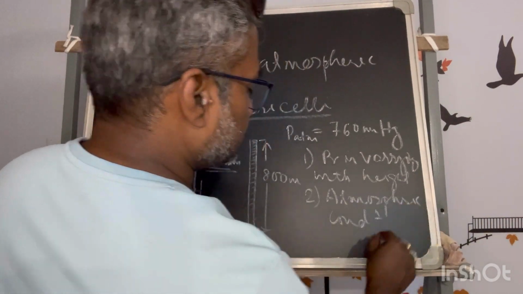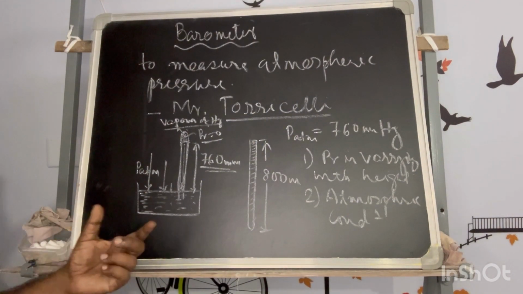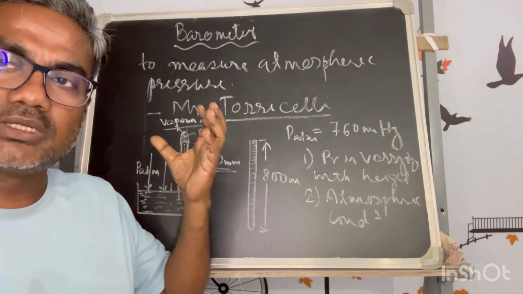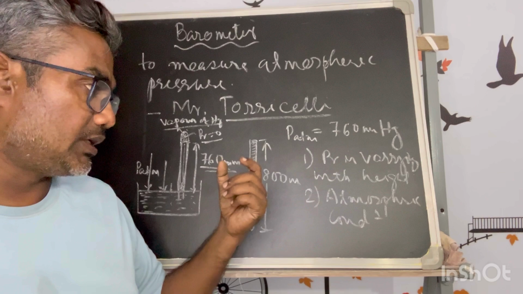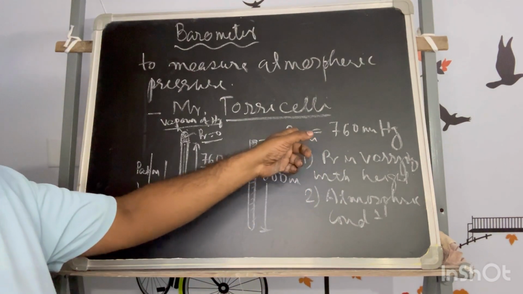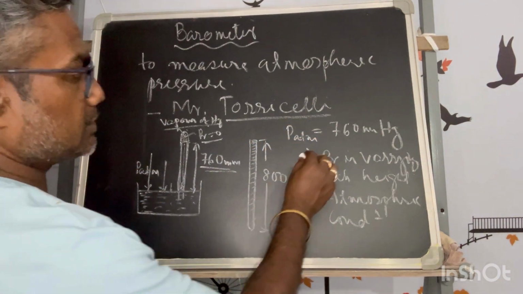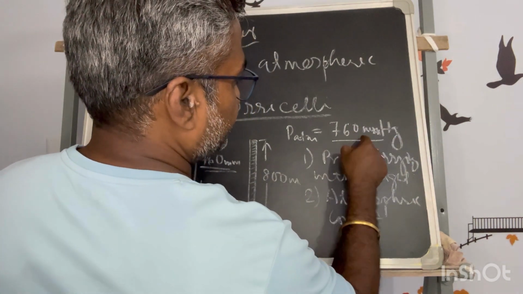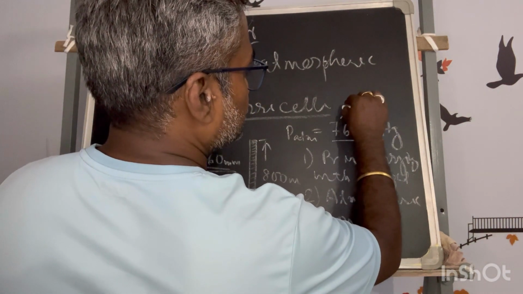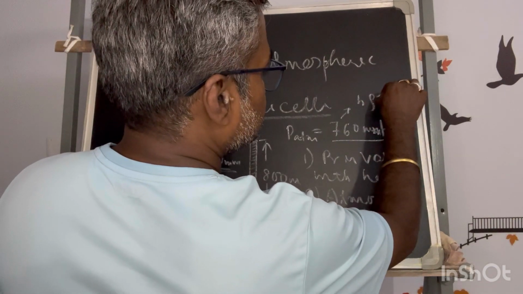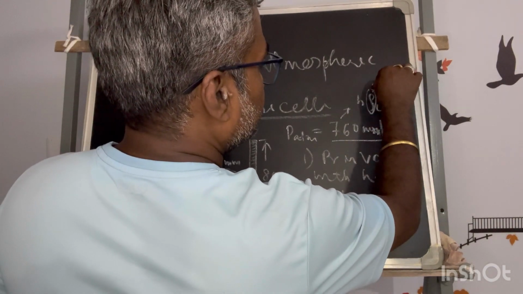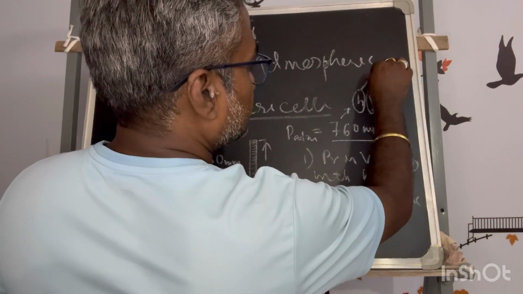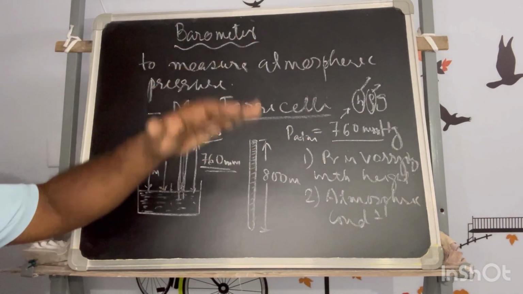That means if there is a change in parameters, such as the atmosphere going to high or low temperature, then, because pressure is nothing but h rho g, rho can vary with temperature and h will vary with the difference in elevation.